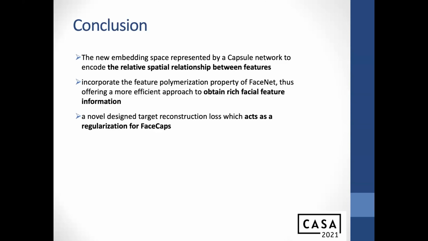So if the number of facial expressions increases, the parameters will increase a lot. The second one, the method is only tested on static images. In future work, we will improve our method and try to test it on video-based data sets.